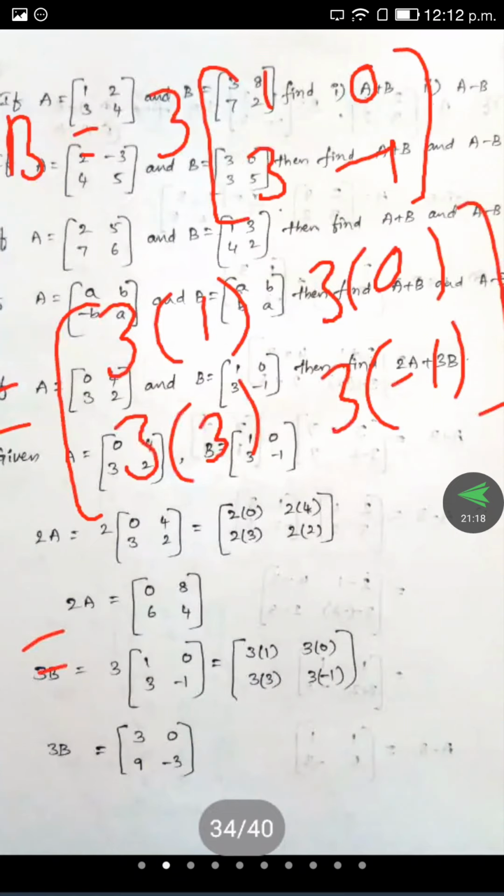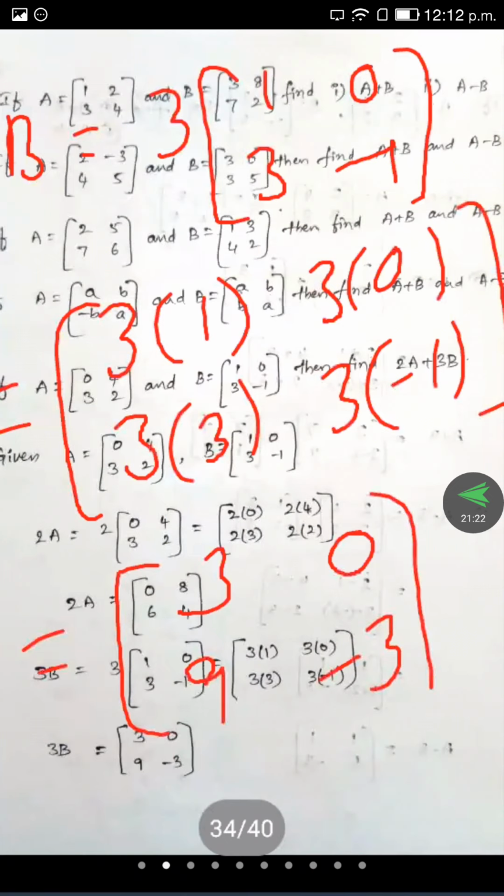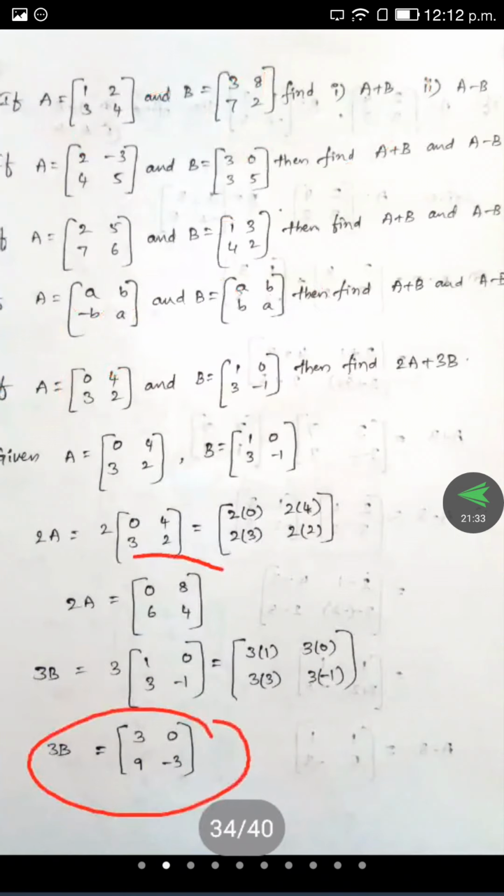That is 3, 0, 9, minus 3. This is the value of 3B. Right, so 3B is found and 2A is found.